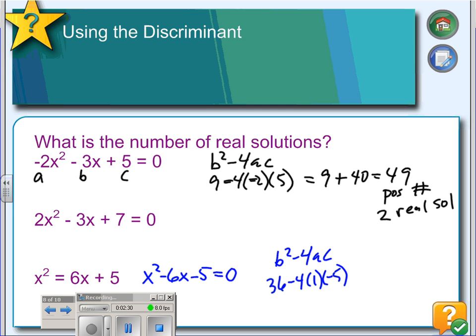Since there are 2 negatives, that'll make it plus 20. So we have 36 plus 20 equals 56. Again, this is a positive number, so we get 2 real solutions. Okay, you work out this second example and check your answer later.